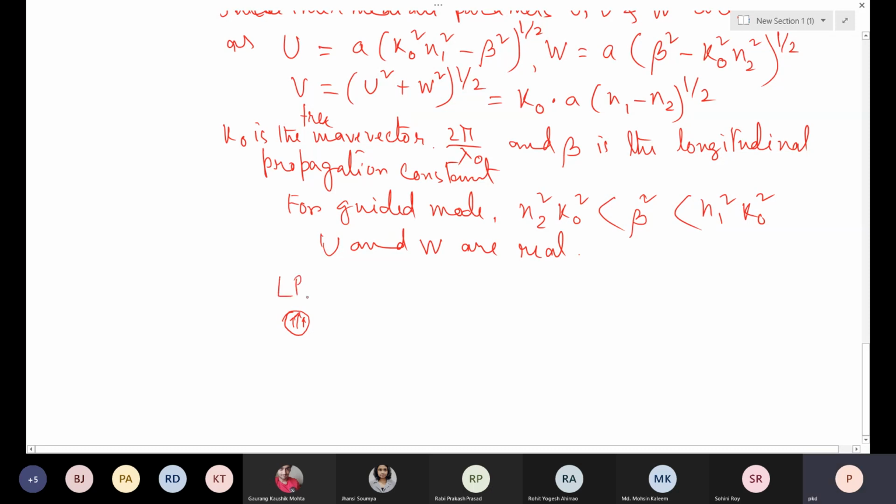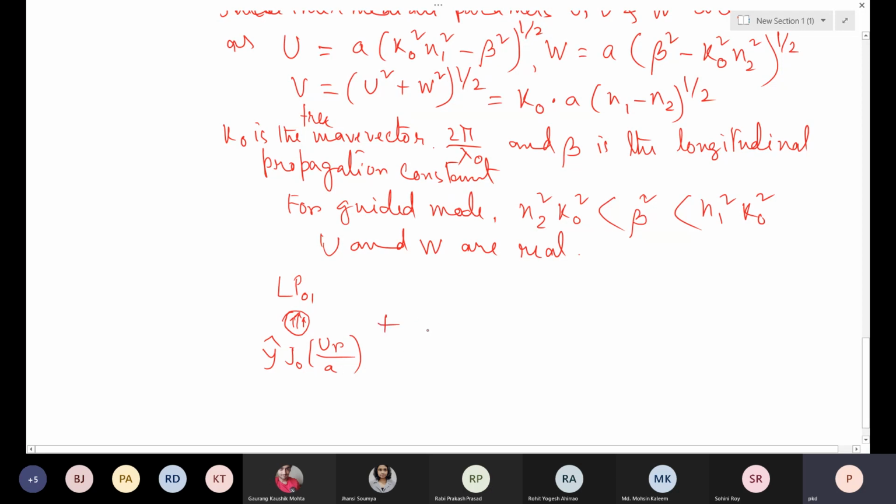So this spot may look like this. This is for one polarization of light, that is vertical polarization. If I take the horizontal direction as x and vertical as y, then y hat is the unit vector in the y direction. So y hat, and the intensity distribution is given by the Bessel's function of 0th order, J0(UR/a).